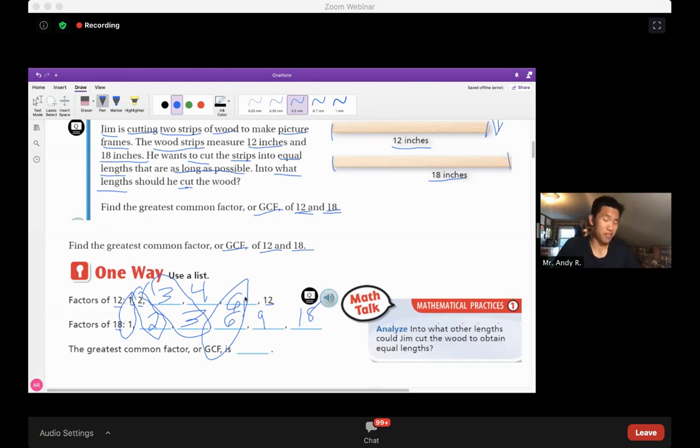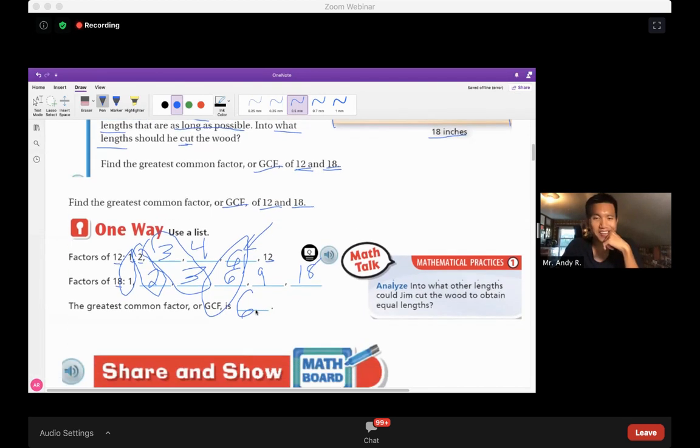Yep, and that's all the common factors for both numbers. So what is the greatest common factor of 12 and 18? It is 6. Good job, my secret Roblox fans. Yeah, the number is 6. Everyone got it really well.